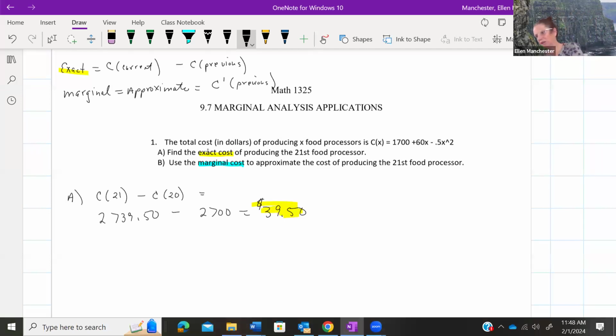And it should be real close to 39.50. So that's what you should be doing.